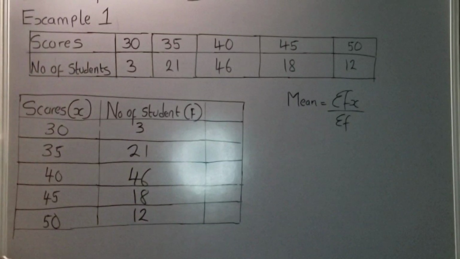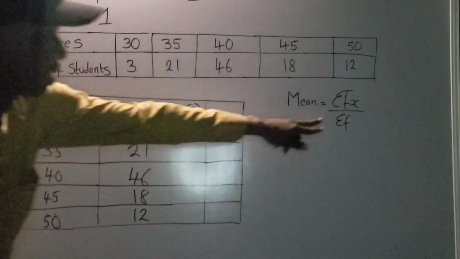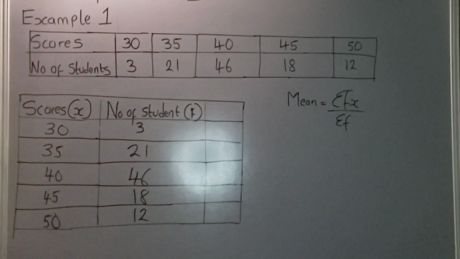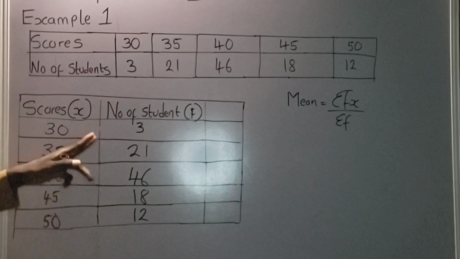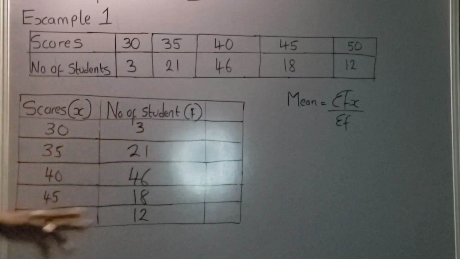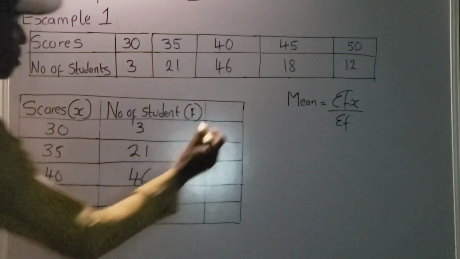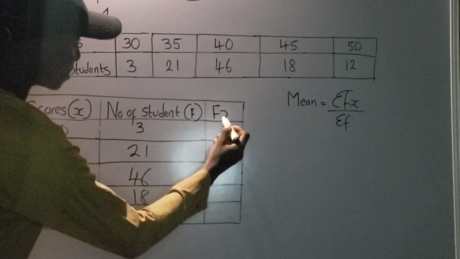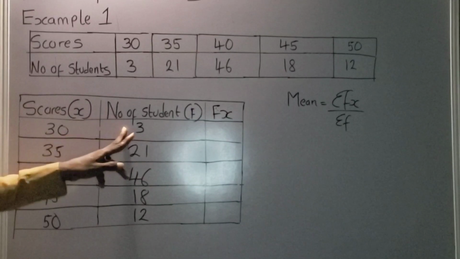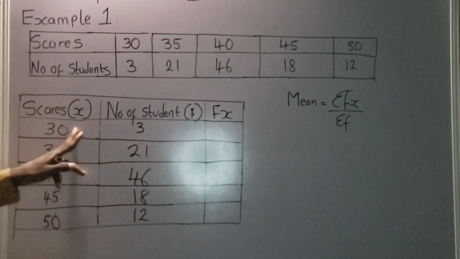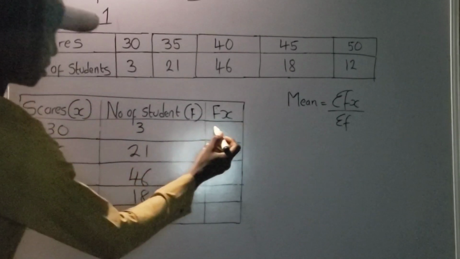You understand? So according to this formula, I need to find the product of x and the frequency. So for this column, let me put fx. For this cell, I'm going to have 30 multiplied by 3, that is 90.